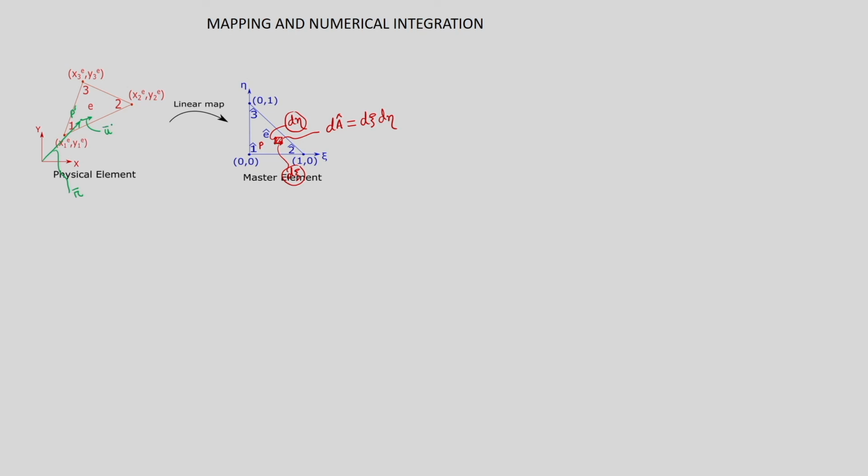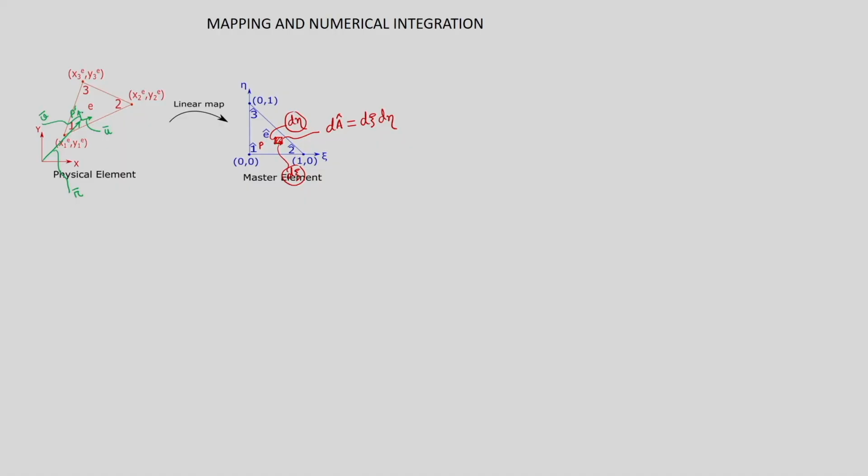Let us say that vector is u bar. So, we have mapped the d xi length started from P to the physical element, and we get u bar started from P prime. Similarly, let us map d eta and we get a vector, suppose v bar. Just understand that u and v, these two vectors, may not be orthogonal, whereas d xi and d eta are parallel to xi and eta and are orthogonal, or perpendicular.